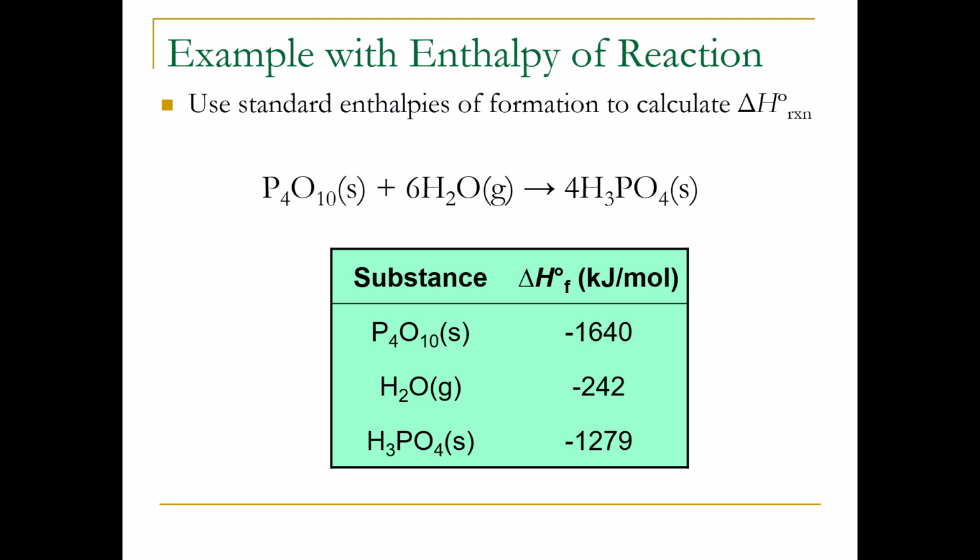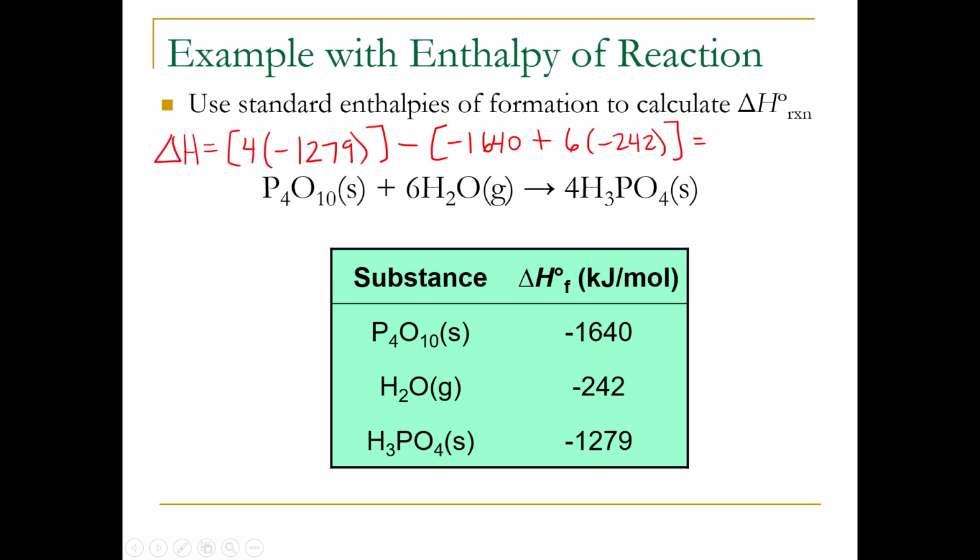Alright, let's try one more. Products minus reactants. So we have 4 times negative 1,279. That's all of our products, minus negative 1,640 plus 6 times negative 242.